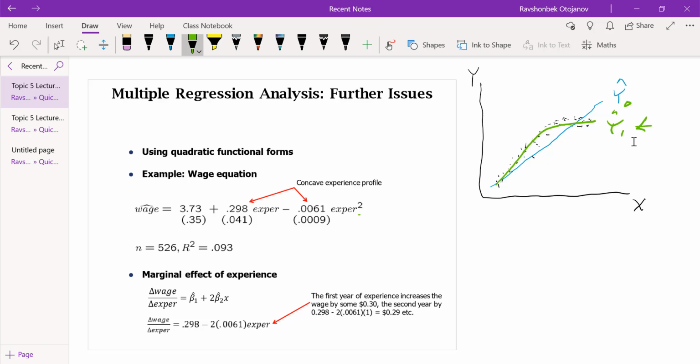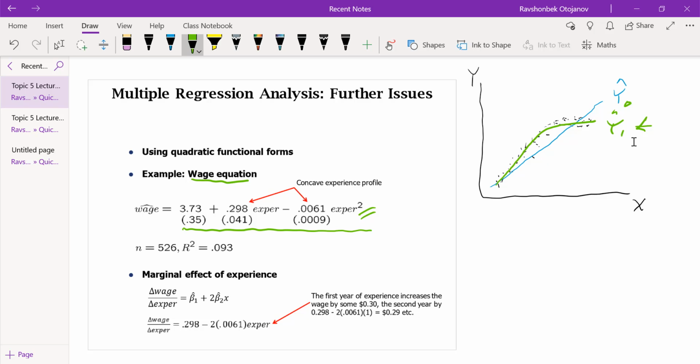So we'll look at the quadratic form today as one of the issues that need to be addressed in our lecture. Let's assume that there is a wage equation which is modeled as a quadratic function of experience, in this form.